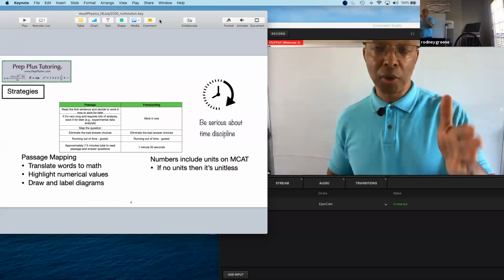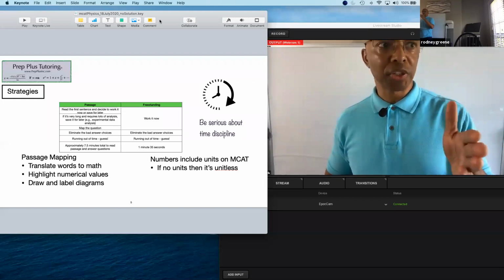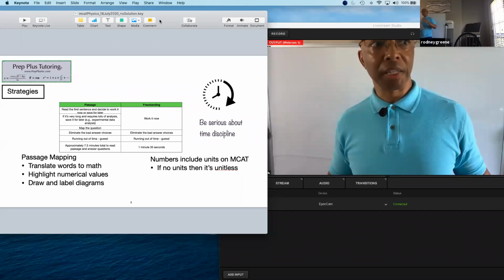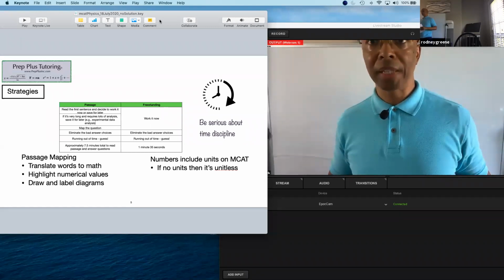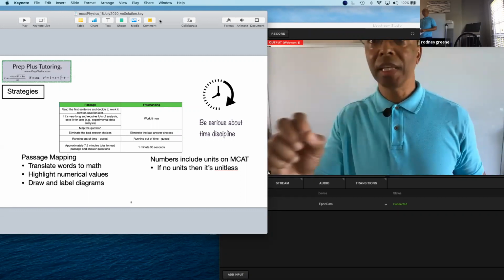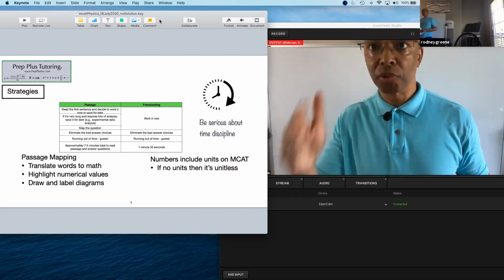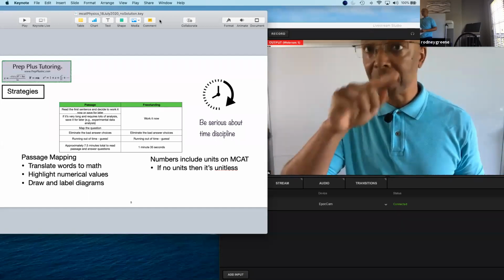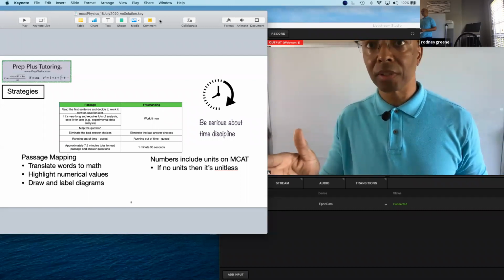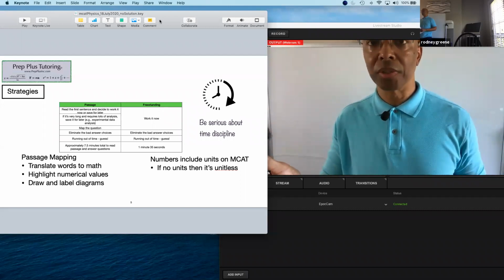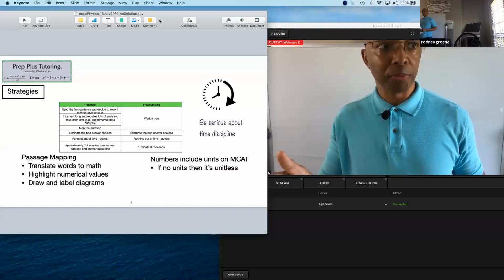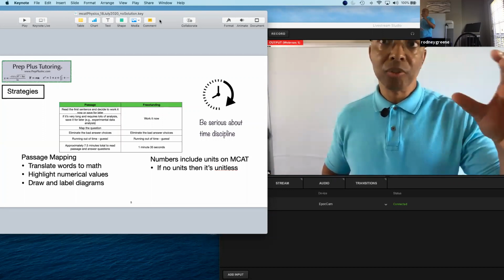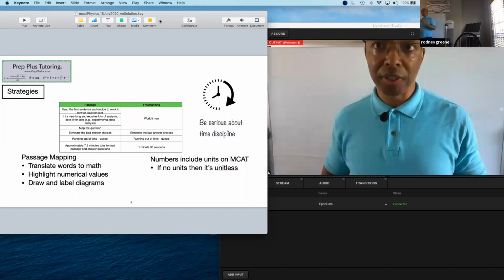If you decide to go ahead and work on the problem, then I suggest you map the passage. At the bottom of the slide, I give you some bullets on what I mean by mapping the passage. I mean, highlight key pieces of information so that your vision and your concentration really zero in on those things that you highlight, such as constants, numbers, dimensions, key terms, and if necessary, draw a little diagram and label the things on the diagram.